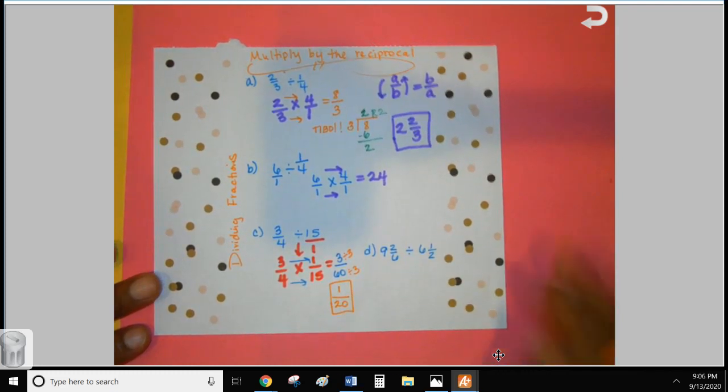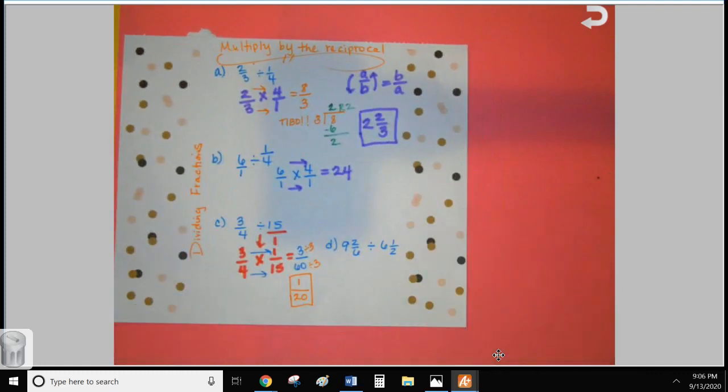Okay. Then last but certainly not least, what we have here is 9 and 2/6 divided by 6 and 1/2. So just like when we were multiplying fractions, the first thing we want to do is convert these mixed numbers to improper fractions before we even try to do any multiplying by the reciprocal.